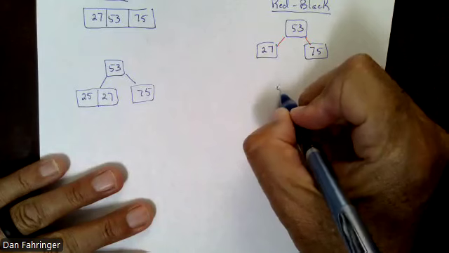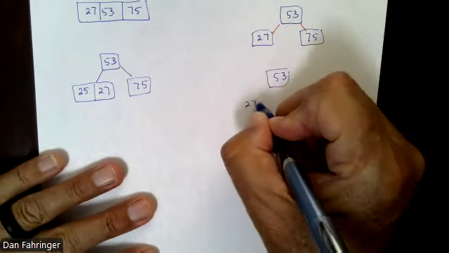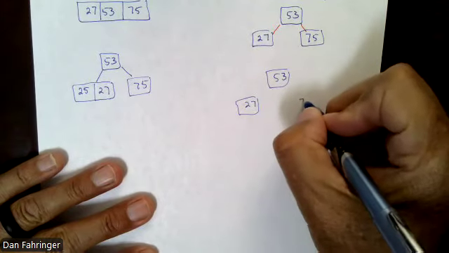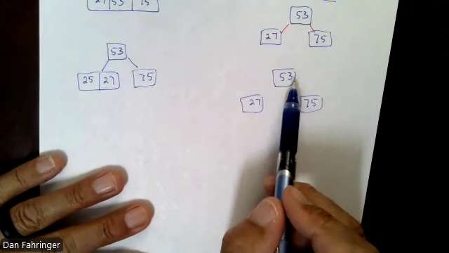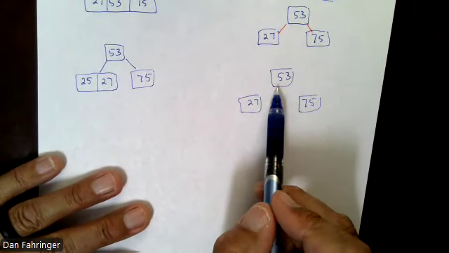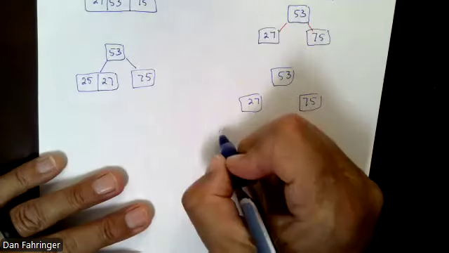So if I'm adding a number, here's my 53. My 27 is still here. 75 is here. But when I add the 25, it's going to be to the left of 53, to the left of 27, and go out here.